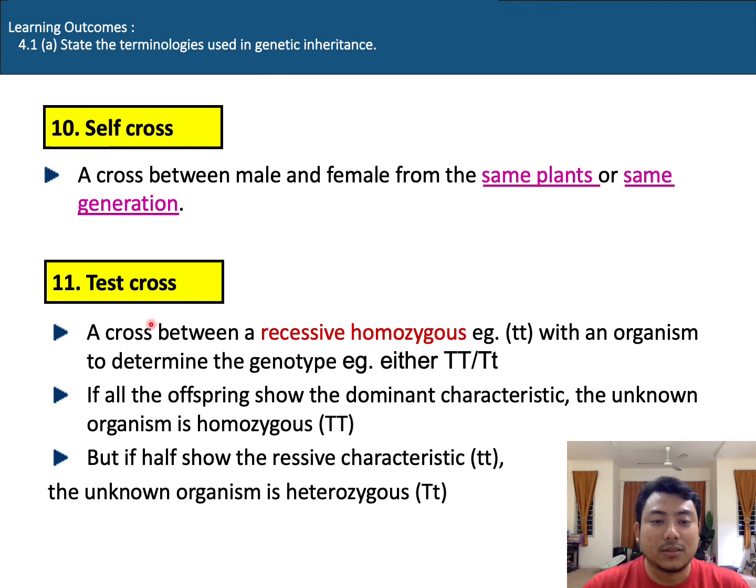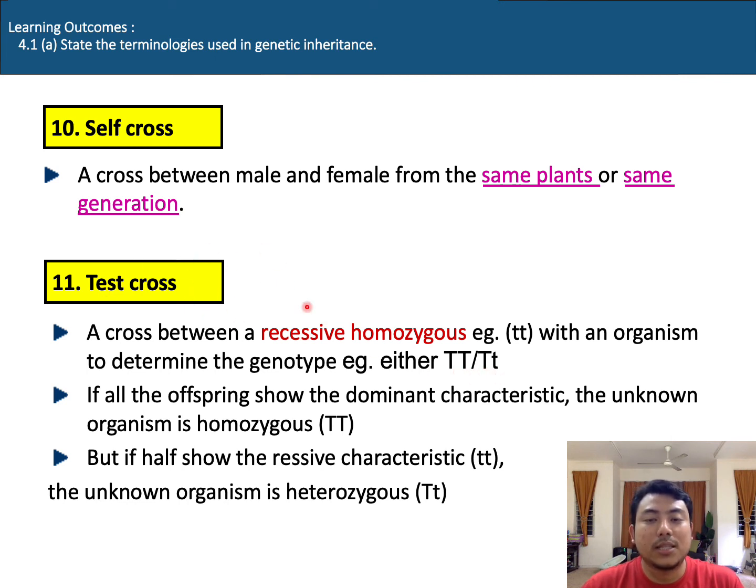Test-cross is a cross between recessive homozygous, dia mesti recessive homozygous. Contohnya T kecil, T kecil, P kecil, P kecil, with an organism, satu organism, untuk determine the genotype of the unknown genotype, sama ada T besar T besar atau T besar, T kecil.